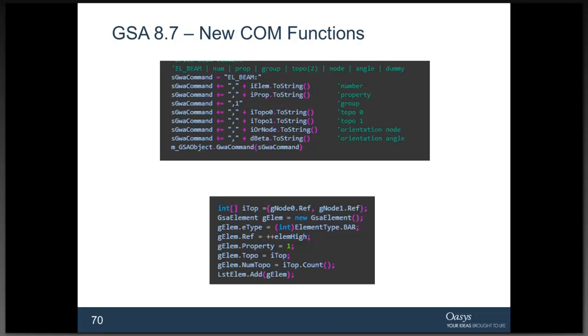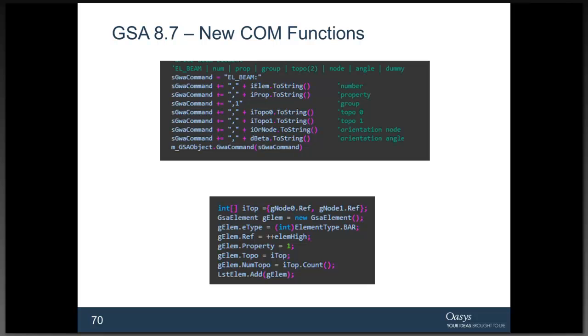To give you a comparison with GW command, if you have to set a beam element, this is what you would go through. You would get hold of the beam keyword, then add the element reference, the property, the topology and so on, and then pass the string to the GW command function.